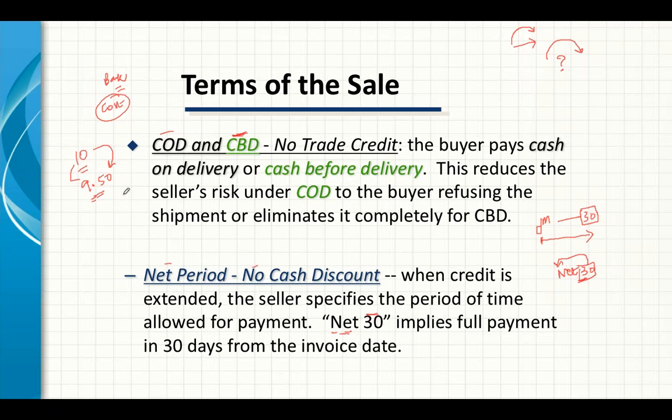That's called purchase discount. Say, for example, you do not pay, you wait for 1 month. Your supplier will wait for 1 month and you have to pay $10 per unit. He gives you an offer: either you pay cash on delivery or cash before delivery, and the price will be $9.5 per unit.